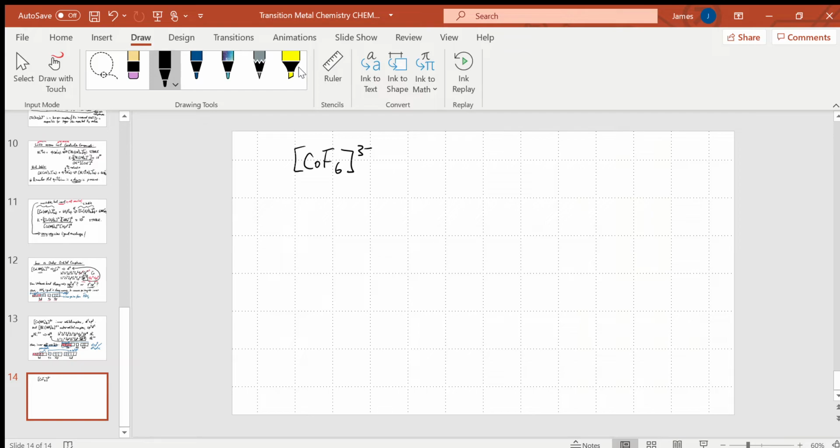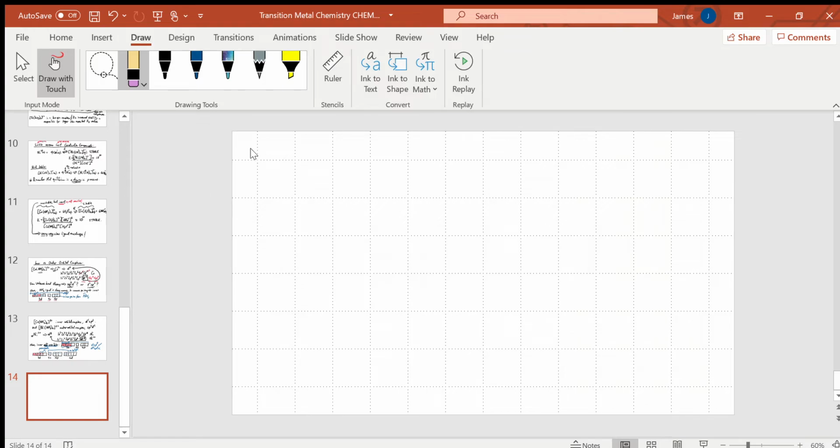So here fluorine has a negative charge. There's 6 of them. Overall, there's only a 3 negative charge, so it's really cobalt 3 plus. So this would be a direct comparison with our first example. So for that reason, let's tie them together.